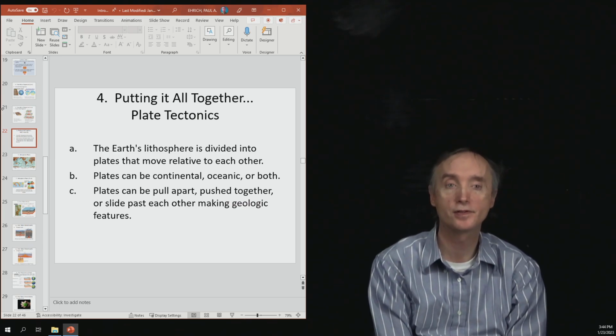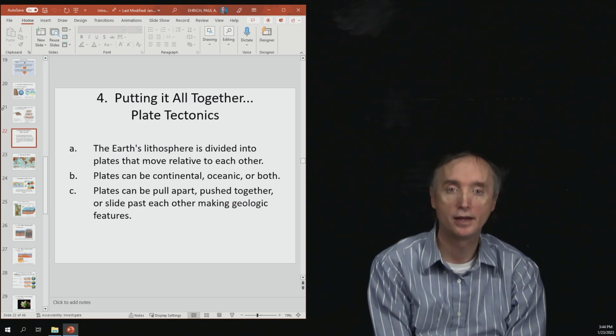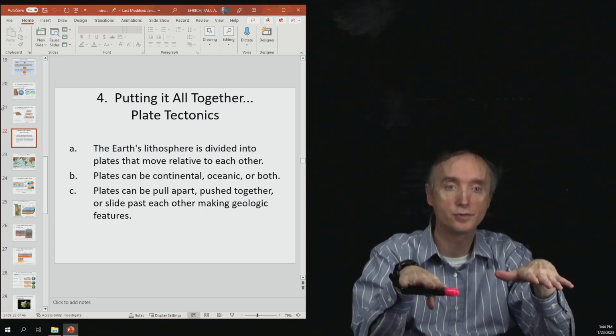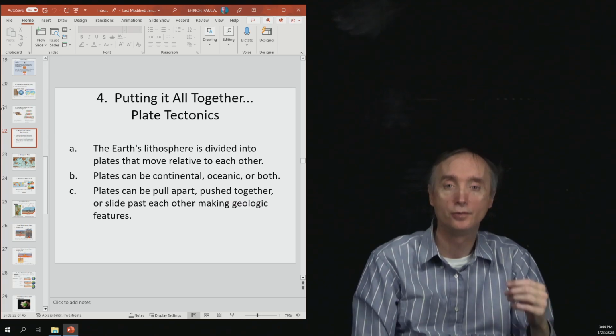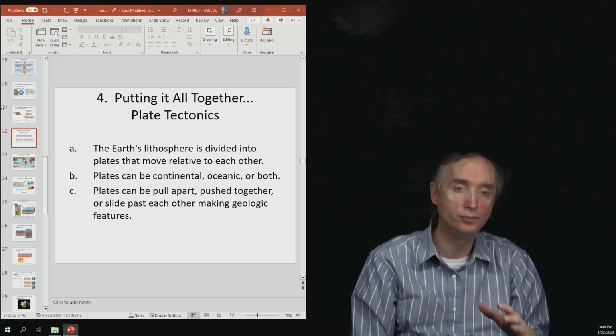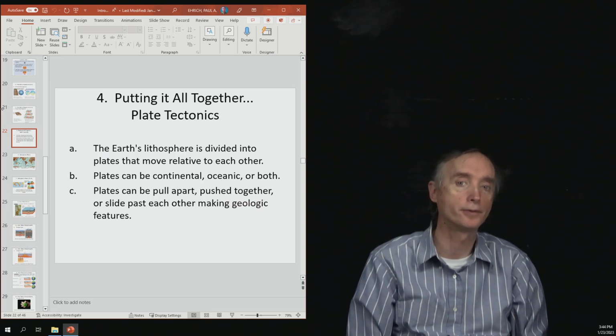And so in the previous segment, we showed that the continents move around relative to each other, and this was called continental drift, which is not quite right, but we have established that the continents do move relative to each other.